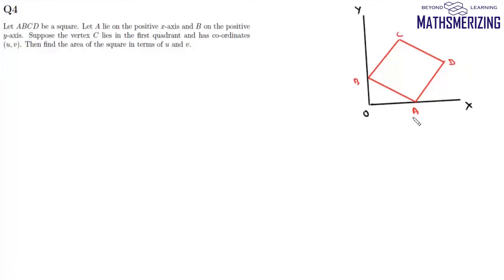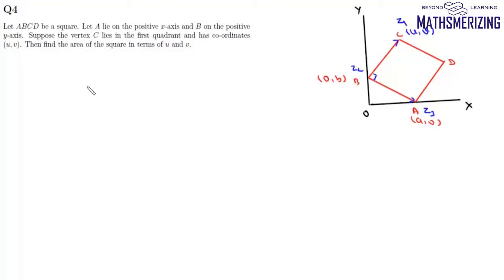Now suppose this point A is (a, 0) and B is (0, b), and it says the coordinate of C is (u, v). Now we need to find the area of the square in terms of u and v. Now what we'll do is we'll write this as Z1, Z2 and Z3, and we'll use the rotation of complex numbers.